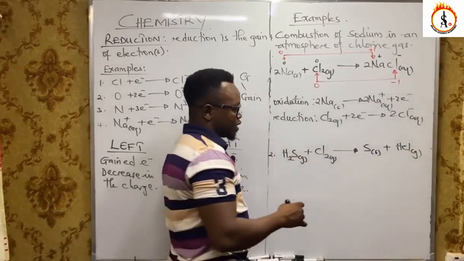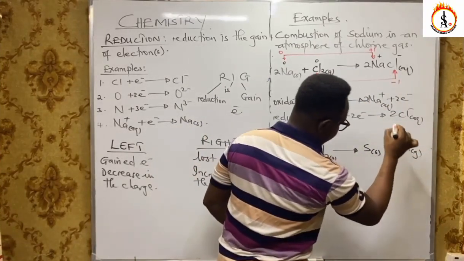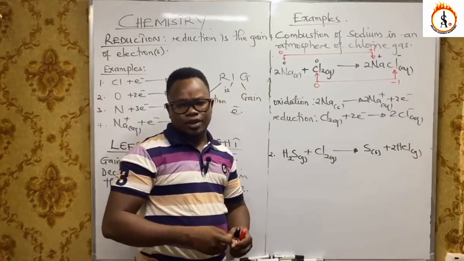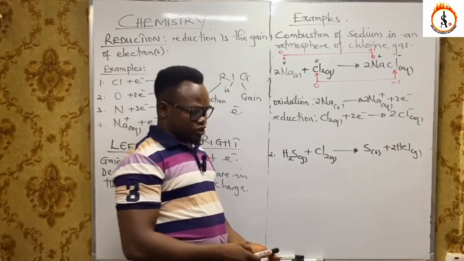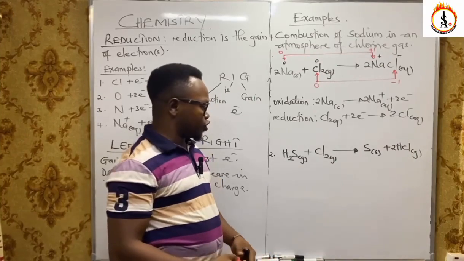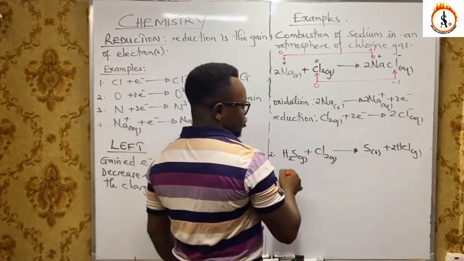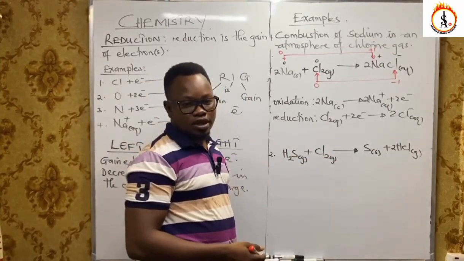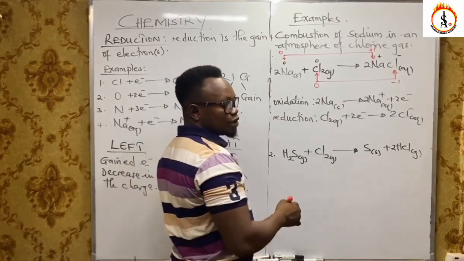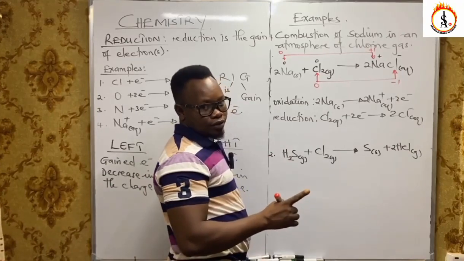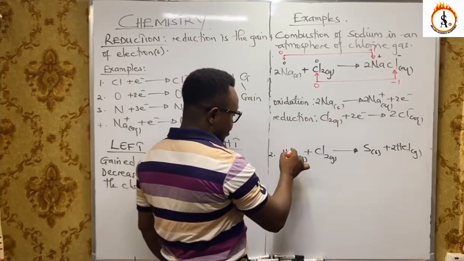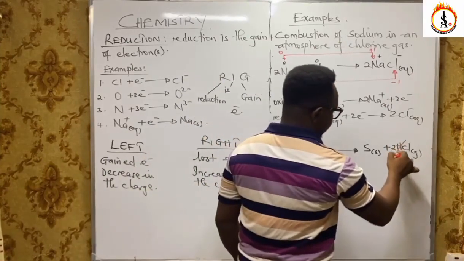So now if we want to balance this equation, we can just place 2 in front of this. Now we want to see how actually reduction is taking place here or oxidation is taking place. Of course, if you look here, you will discover that hydrogen is a spectator, because hydrogen always has a charge of +1, okay, except in metallic hydrides, where we have to get there. So here, hydrogen and hydrogen will cancel.